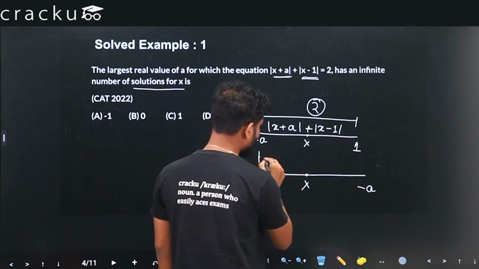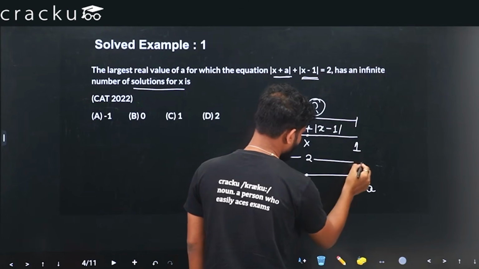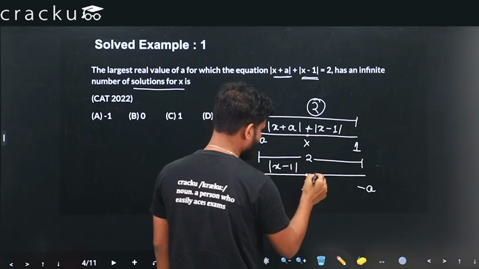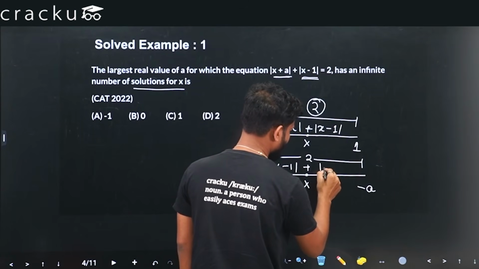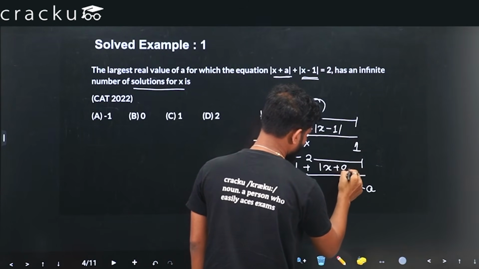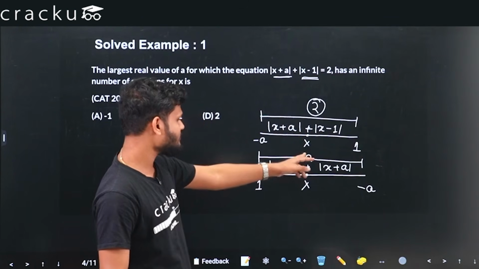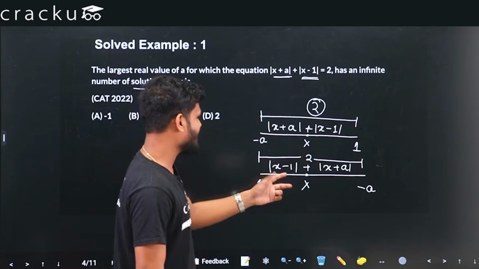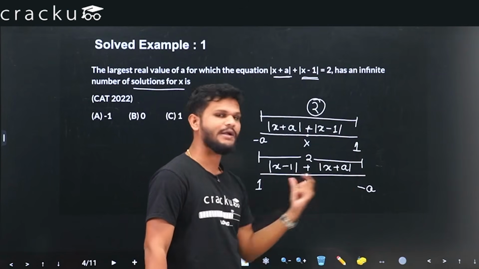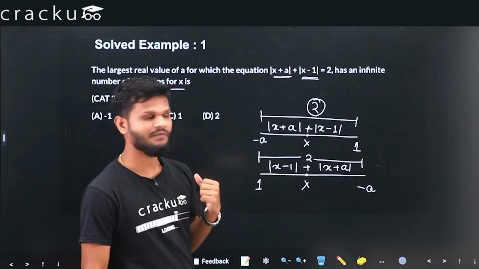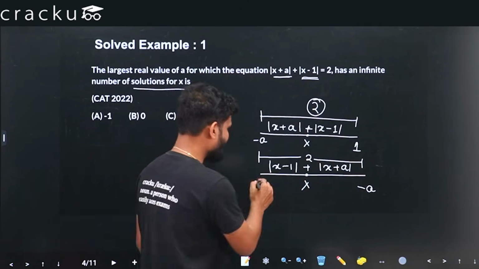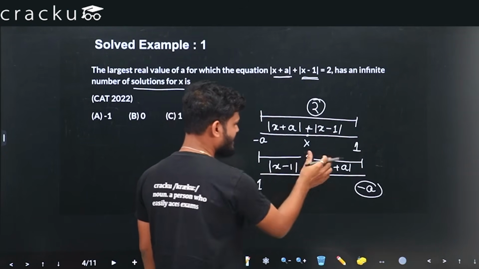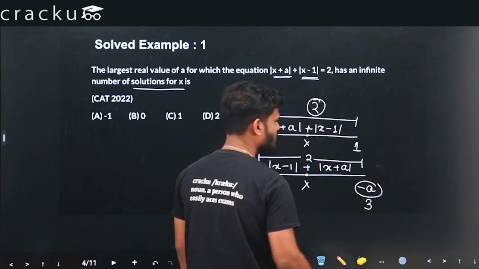Similarly, if this distance is 2, it means x - 1 plus x + a is 2. Then any value between these two values will satisfy our equation. Now if this is 1 and minus a is greater than 1 and the distance is 2, this should be equal to 3.